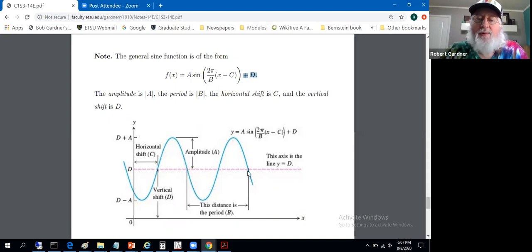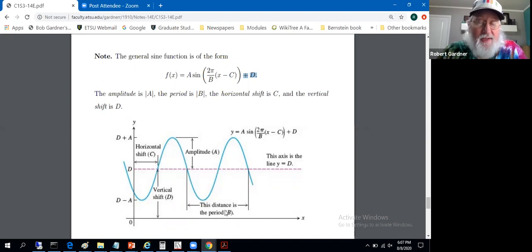So y equals d is the axis, if you like, of that sine function. And it goes a units above there and a units below there, reflected by the amplitude. The period is the absolute value of b. So I said it starts here. Well, b units later, it'll be done. It'll finish over here. The distance from here to here is b units.